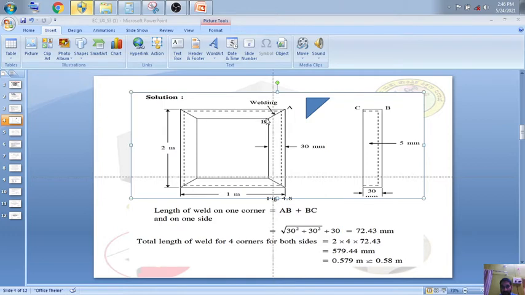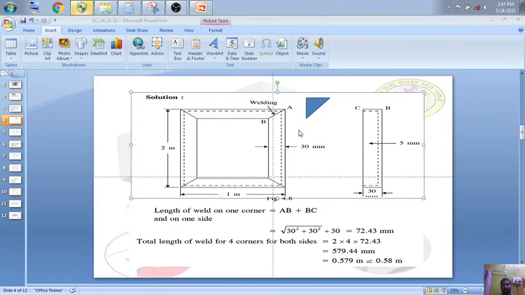You can see that this length, from here to here, is 30, and from here to here is also 30. That means these two sides are 30 and 30. If you want the hypotenuse, and you know the two sides, the hypotenuse square equals opposite square plus adjacent square.